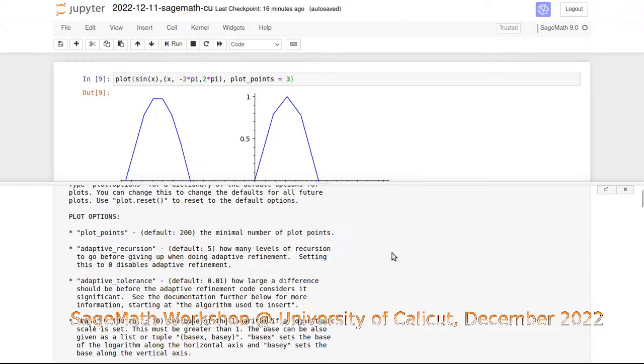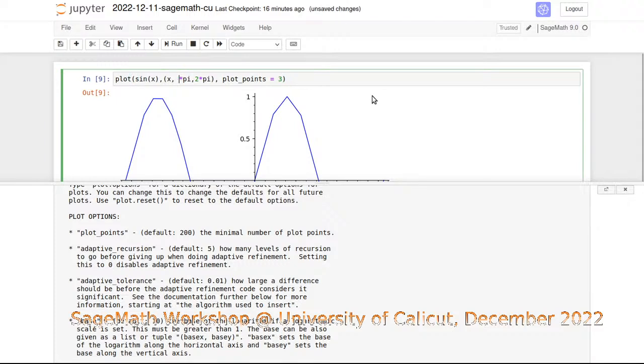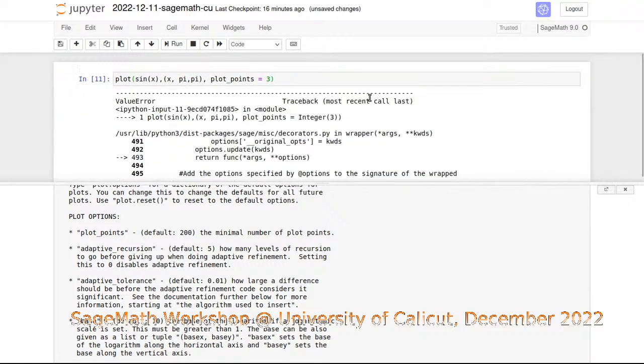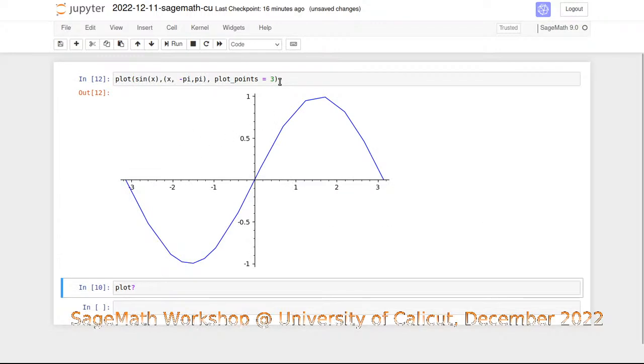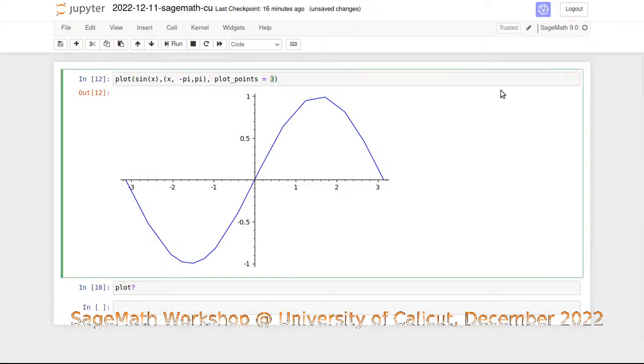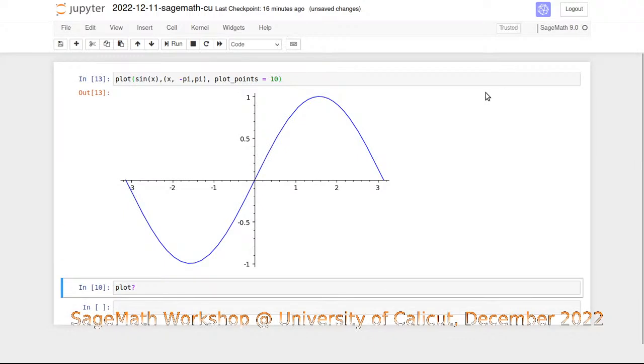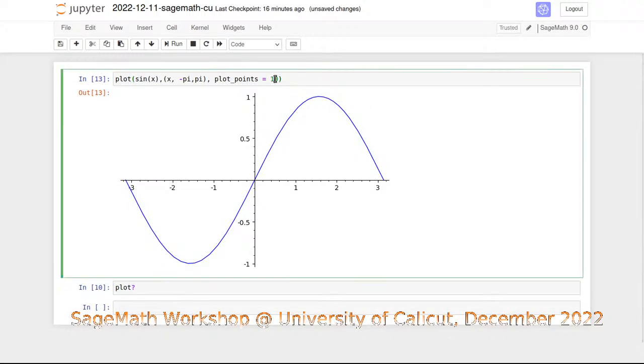It's not actually accepting whatever number we are giving. Let us try to remove this number and use a smaller area. Why is plot points 3 not taken care of? Minus 5, sorry. So 10, 100.